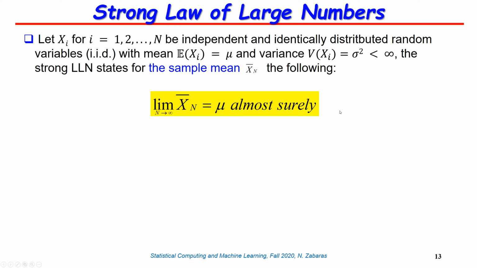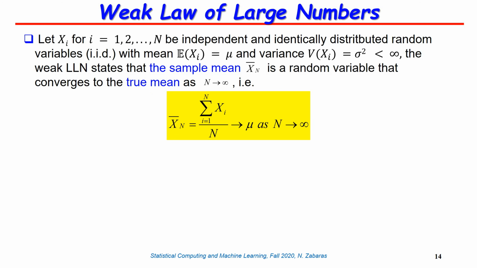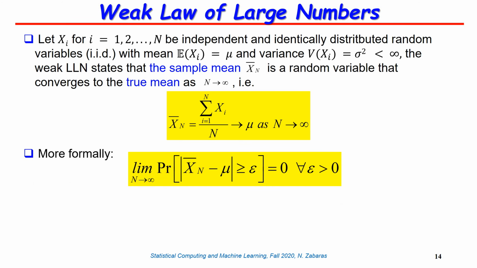That's the strong law of large numbers. Then of course there is the weak law of large numbers: if you conduct the same experiments and take your sample mean, as n goes to infinity, the sample mean converges to the true mean from where these samples are coming. Of course you can write this in many other different ways.